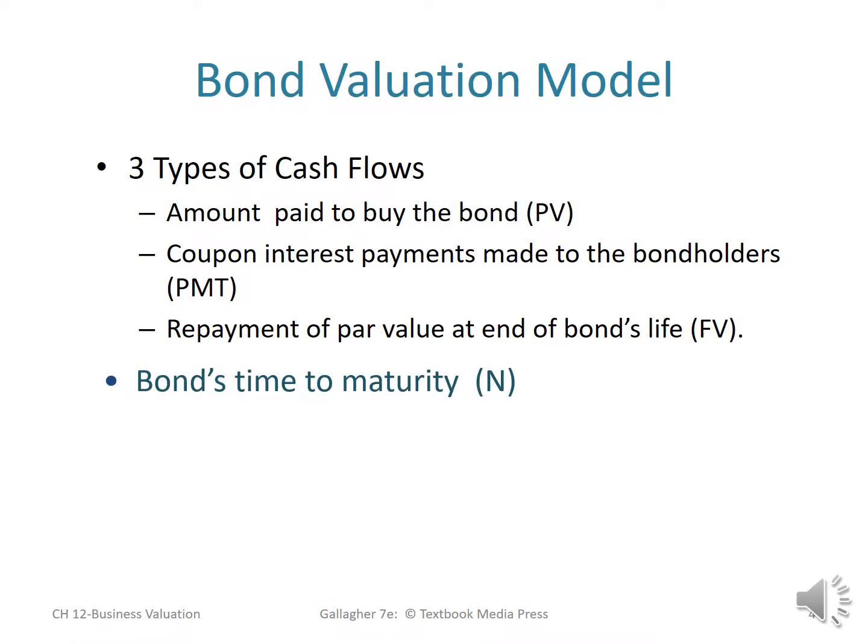There are three types of cash flows: the amount paid to buy the bond, the coupon interest payments made to the bondholders, and the repayment of par value at the end of the bond's life. Other factors include the bond's time to maturity and the discount rate.